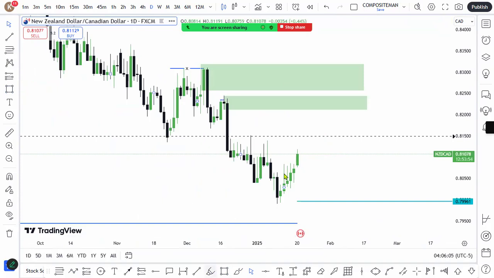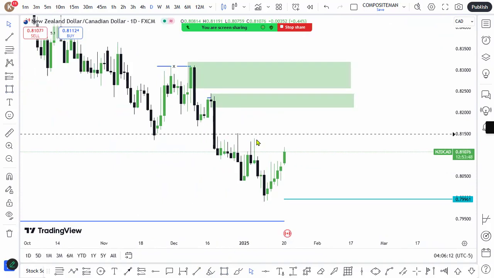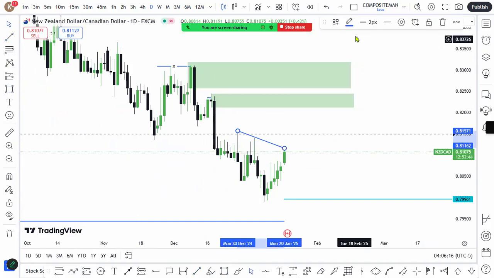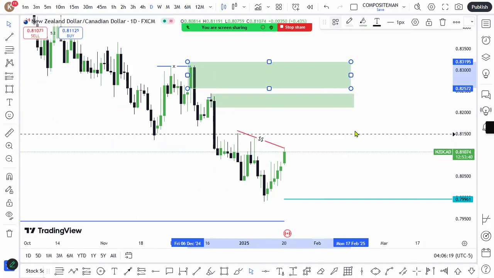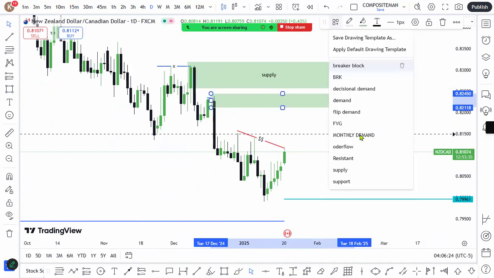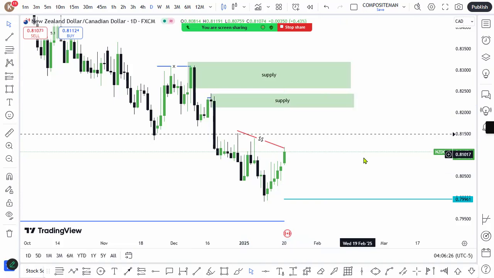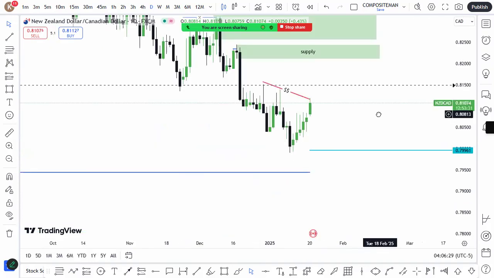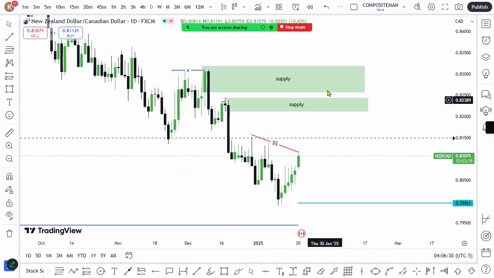I noticed that this level is of very, very low probability, and this is just a form of trendline liquidity here. So these are my two supply zones. So I'm watching this price. I really want to see the rally towards these areas before I could short the price.